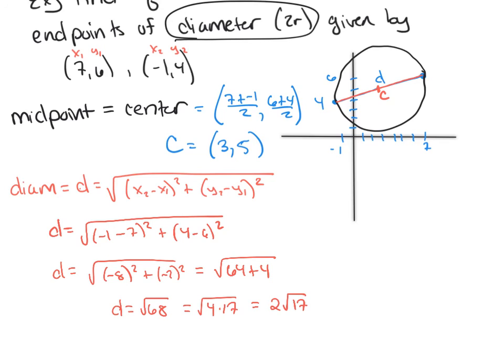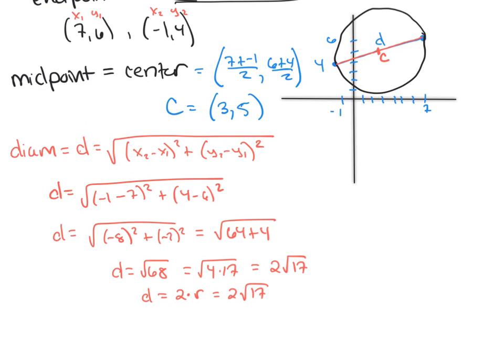That means that our radius, remember the diameter is 2 times the radius, so the radius must be this divided by 2. 2 root 17 divided by 2, which is just root 17. Okay, cool. So now we can put everything together here.